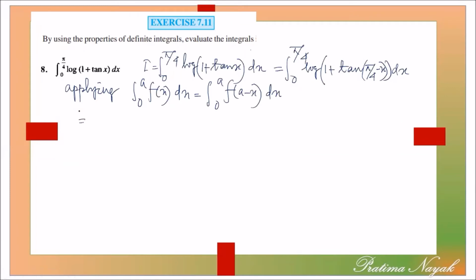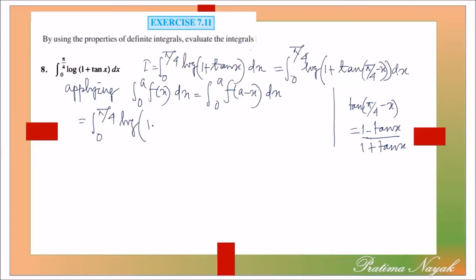So now I'll expand this. Here I'm writing the formula: tan of pi by 4 minus x is equal to 1 minus tan x by 1 plus tan x. So this will be how much? Integral 0 to pi by 4 log 1 plus 1 minus tan x by 1 plus tan x. Of course, we'll simplify now. So this will be how much?